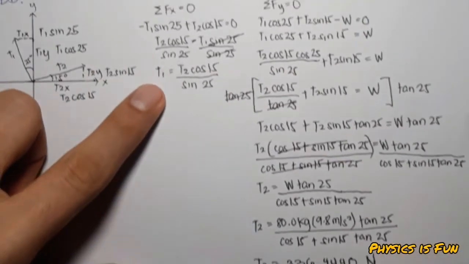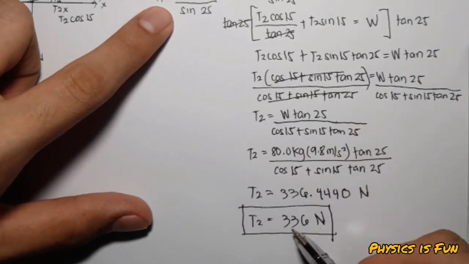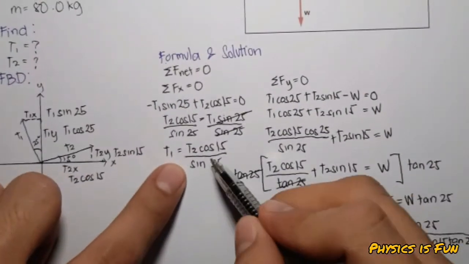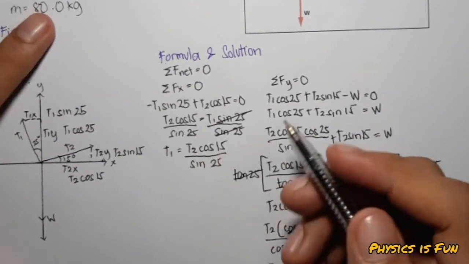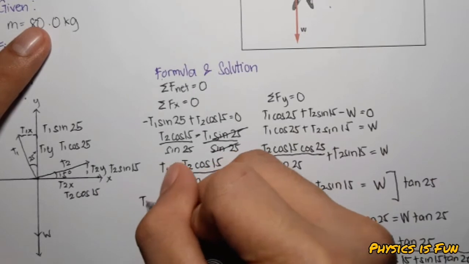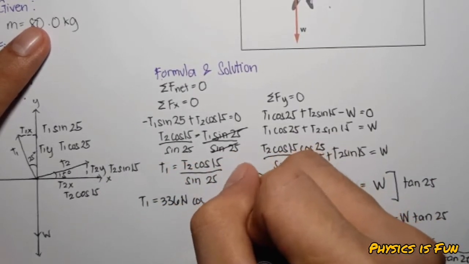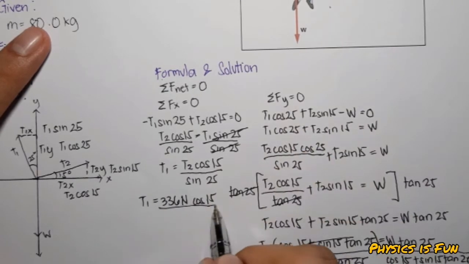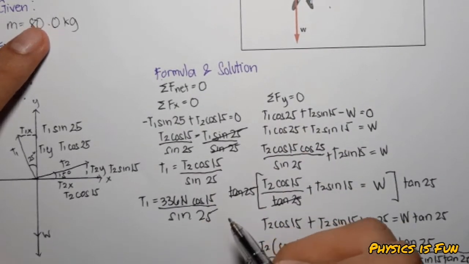Let's not forget that we still have T1. We just need to substitute T2 here so that we can have the tension 1. So tension 1 is equal to 336 newtons cosine 15 all over sine 25.